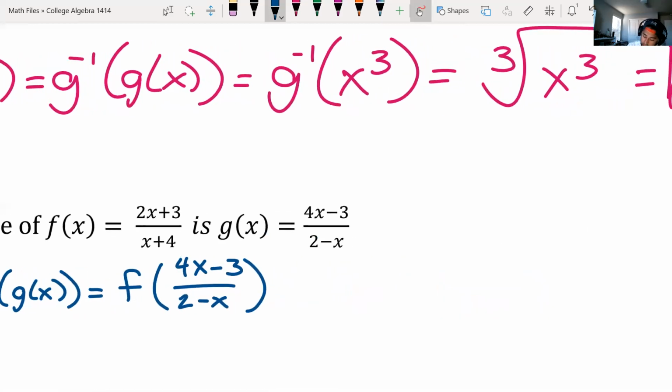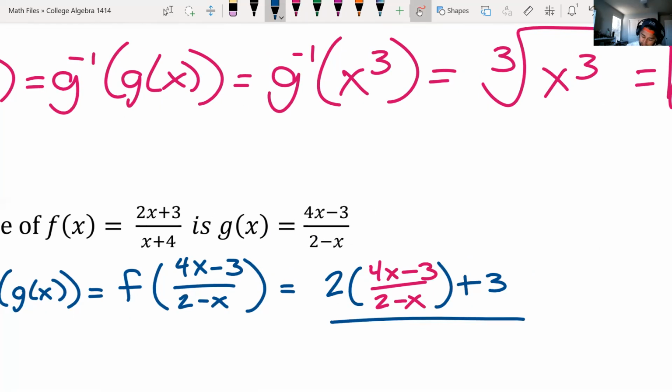Ooh, lots of algebra, right? So we're going to get 2 times (4x minus 3) over (2 minus x) plus 3, over (4x minus 3) over (2 minus x) plus 4. Okay, we have just plugged it into function f.